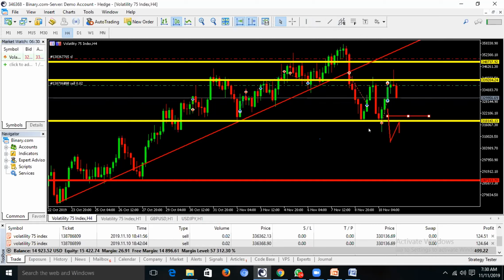Yes, if this place is broken, it will come back to retest this zone. Then after retesting this zone, if it gives you this kind of movement, you can place your sell.